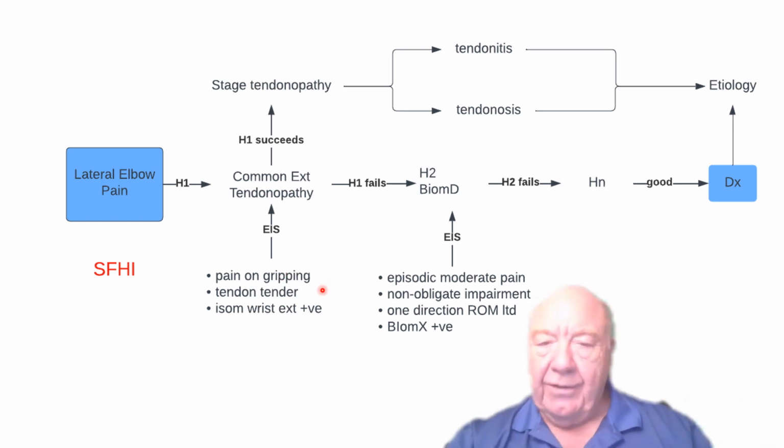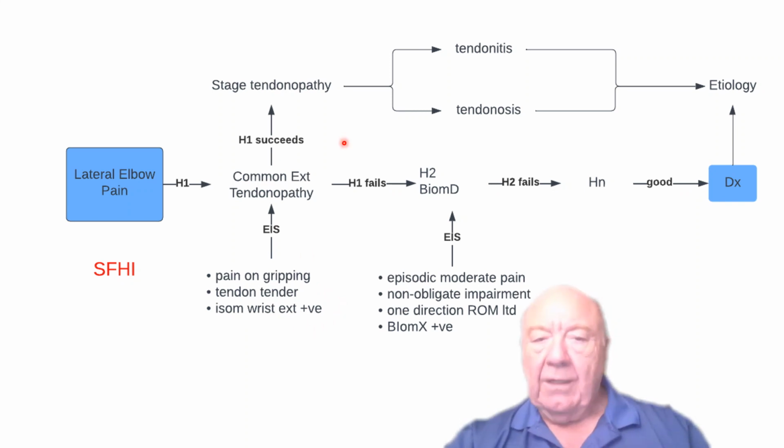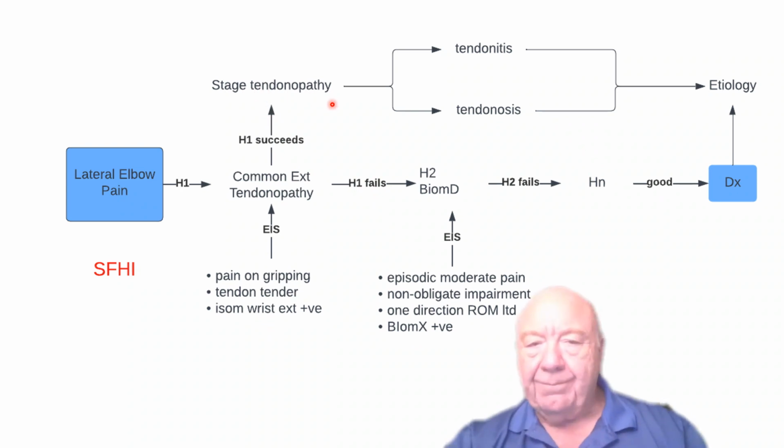The tendon is going to be tender to palpation. The isometric extension is going to be positive. Now let's assume that succeeds and that the essential illness script fits. We can then stage the diagnosis to tendinitis or tendinosis.